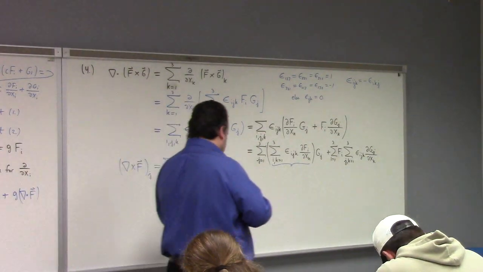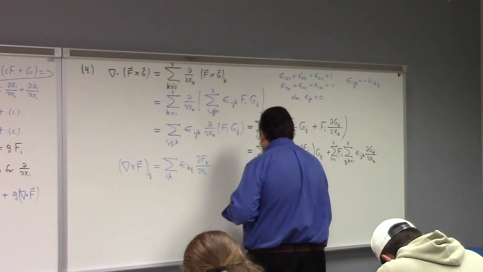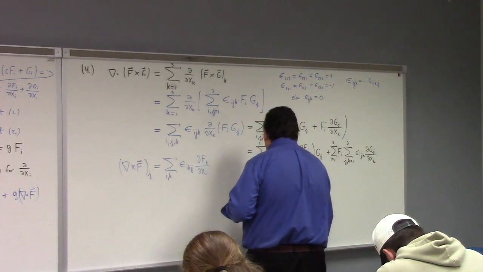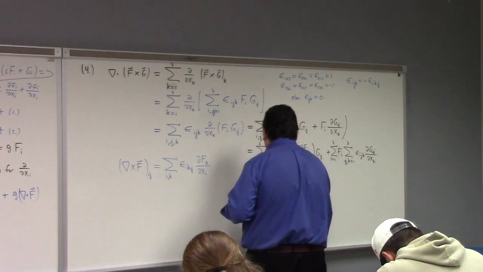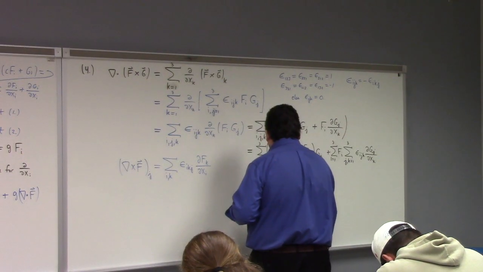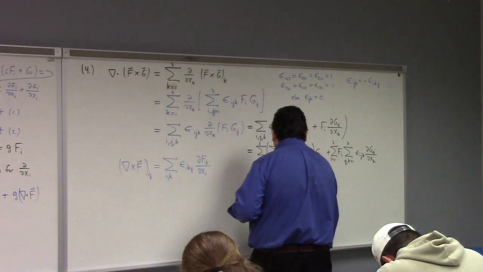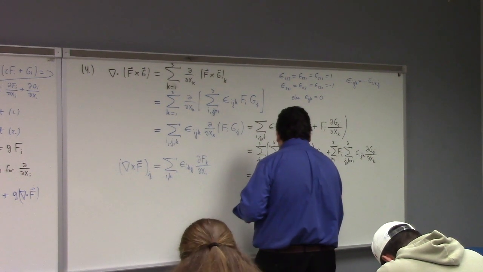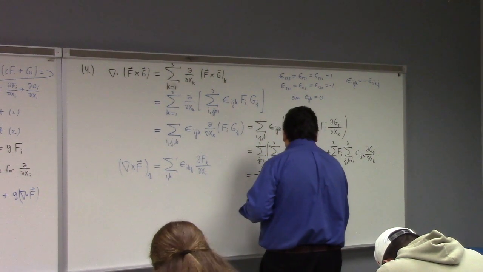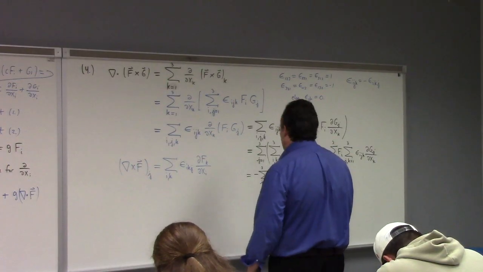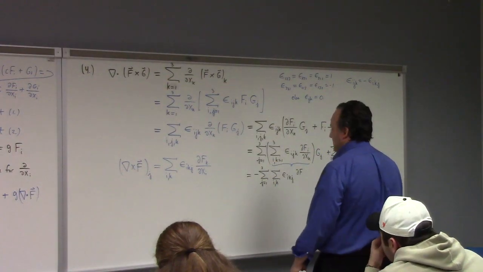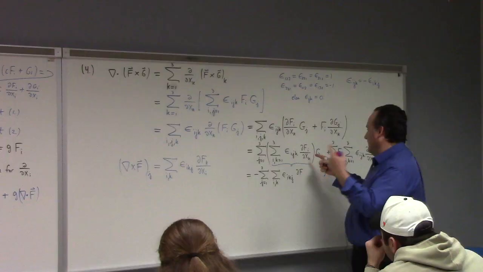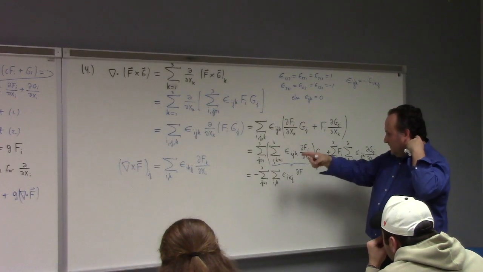So this is minus the sum over i and k of epsilon ikj partial f. Oh, come on. Guys, you've got to stop me before I go further. I've got the i and the k in a different way here.